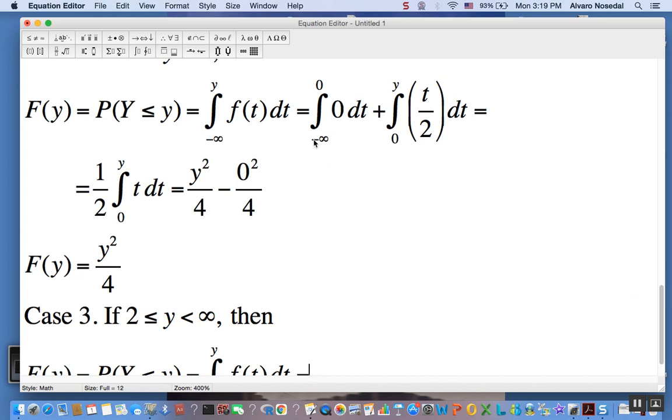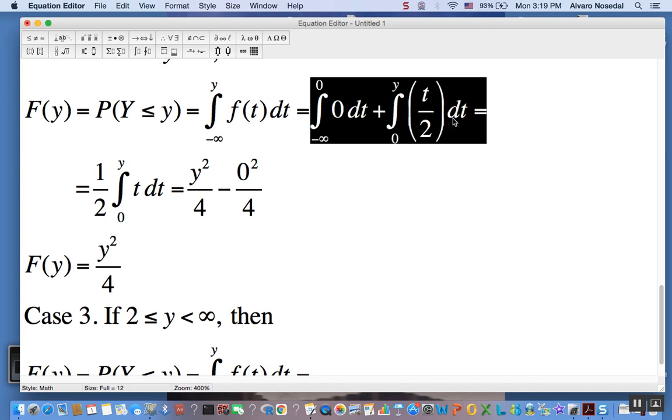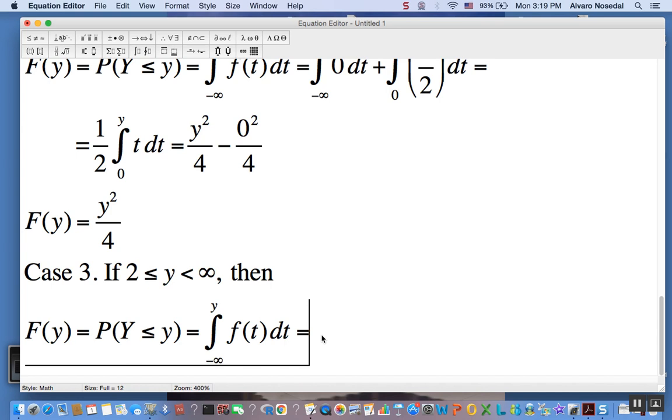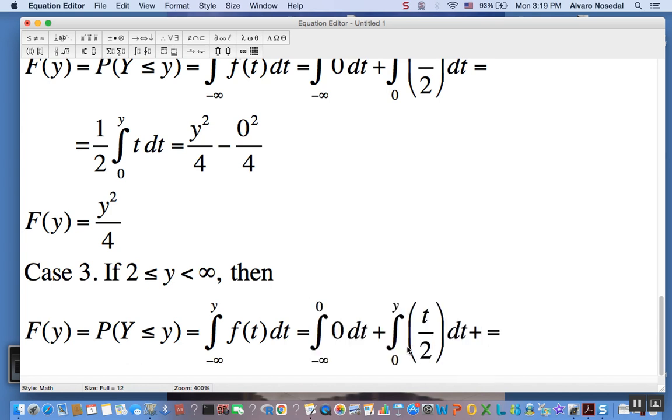It's going to be the integral from negative infinity to 0 of 0 dt, the integral from 0 to 2 of t divided by 2 dt, and then we would have a third integral that I'm going to write down in just a sec, plus the integral from 2 to infinity of f at t, right?